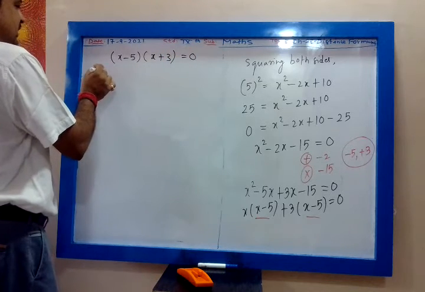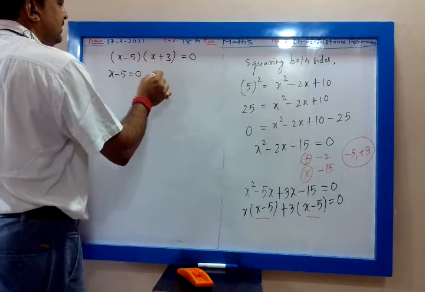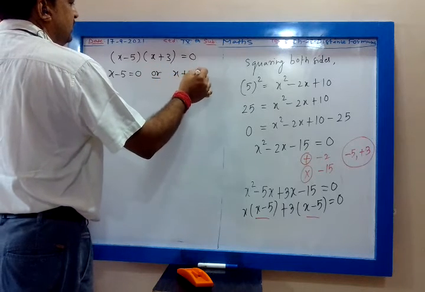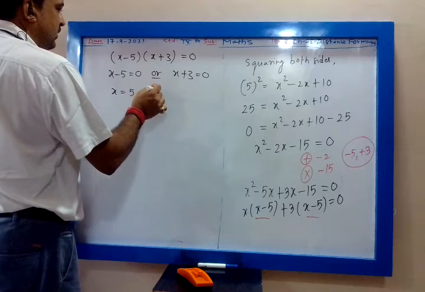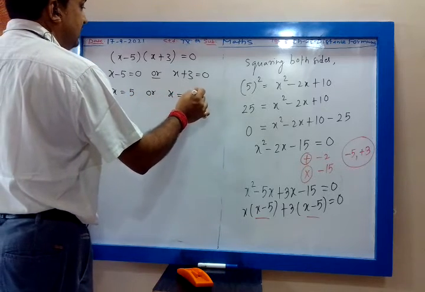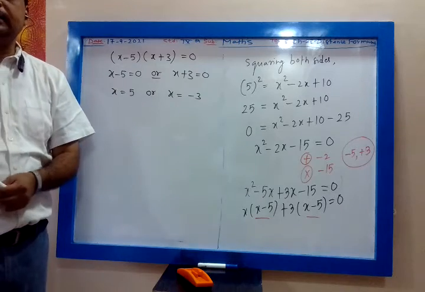That will give you either x minus 5 is 0 or x plus 3 is 0. So that will give you x is equal to 5 or x is equal to minus 3.